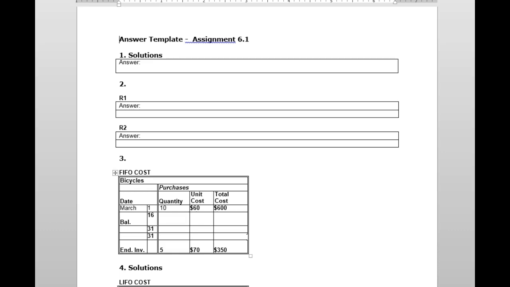So to begin, they ask us a couple of questions, and they give us a scenario. They say Shepherd Cycles uses a FIFO method, and Shepherd Cycles plans to continue using the FIFO method in the future years. And then they ask, which inventory principle is most relevant to Shepherd's decision?